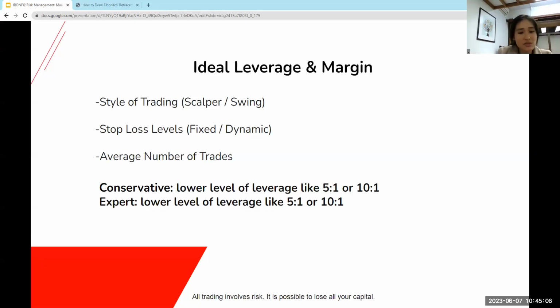So if you're conservative and don't like taking many risks, or if you're still learning how to trade currencies, then a lower level of leverage, like 5 to 1 or 10 to 1, might be more appropriate. For more seasoned or risk-tolerant traders, they may be more comfortable with 50 to 1 or 100 to 1 and so on and so forth.